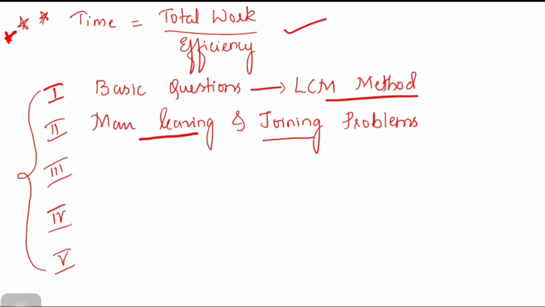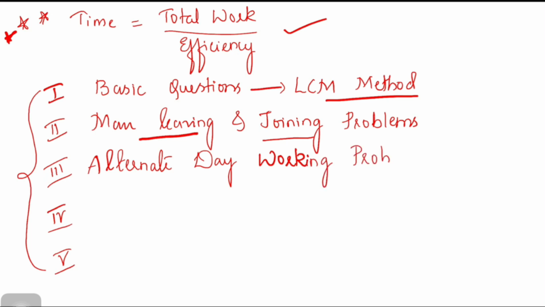Next type is alternate day working problems. In this we will see if two people A and B have to do a work, it is such that A and B will alternately do the work.